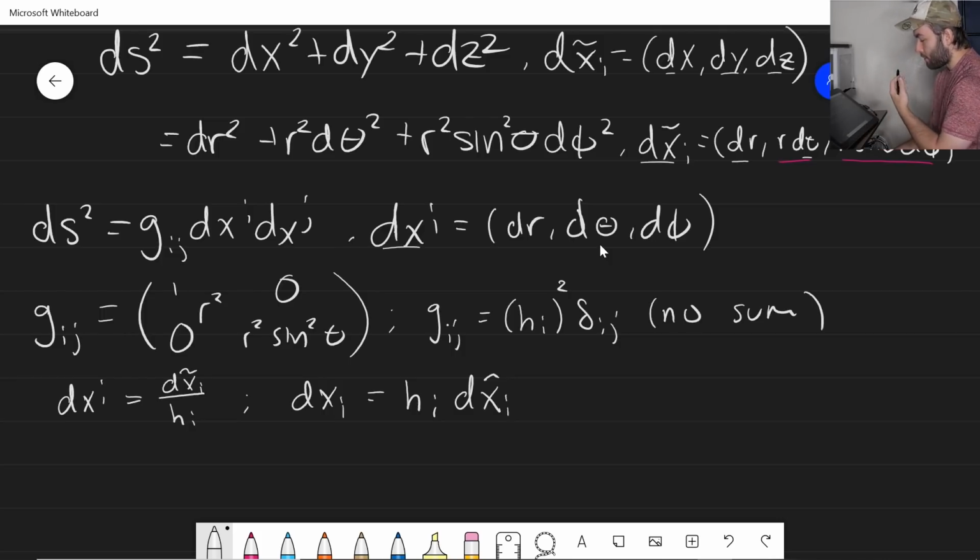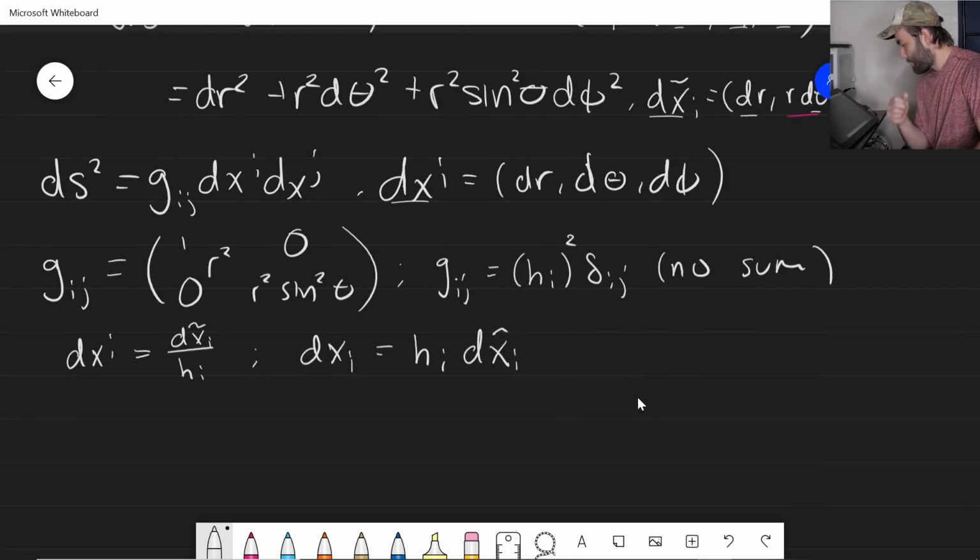Okay, so this defines our contravariant and our covariant vector. Contravariant because as h_i gets larger, the length of our contravariant vector gets smaller, and the opposite happens with our covariant. As h gets larger, dx_i gets larger. It varies with it. Okay, awesome. So that is our relationship between contravariant, covariant, and ordinary vectors.